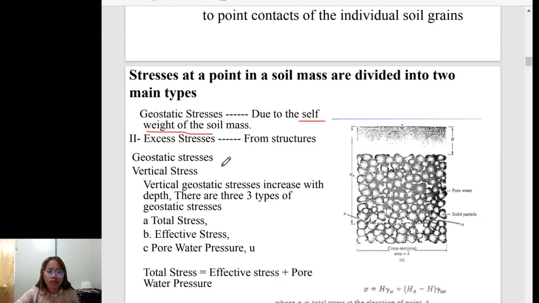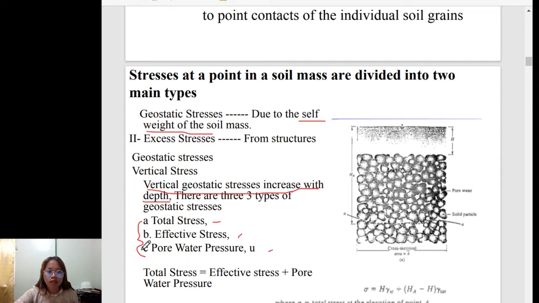Under the geostatic stresses, we have the vertical stress. Remember this one, vertical geostatic stresses increase with depth. There are three types of geostatic stresses. We're going to study these three types: the total stress, the effective stress, and the pore water pressure, denoted as small u.